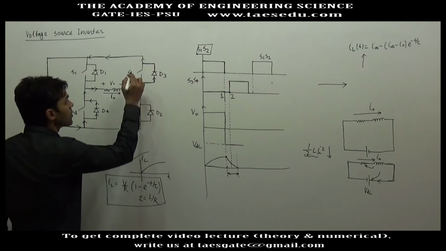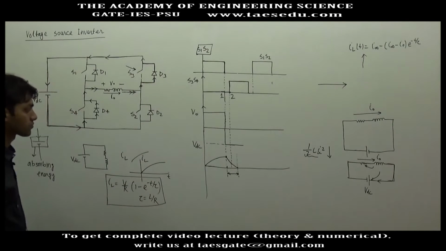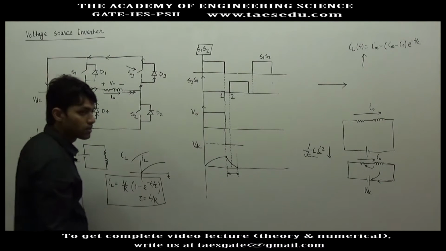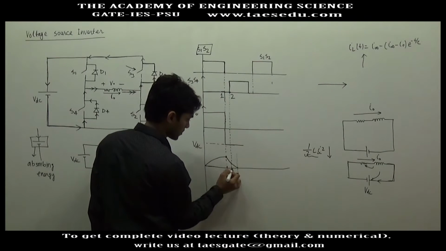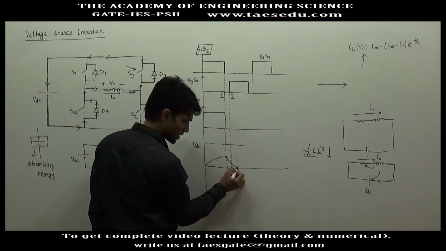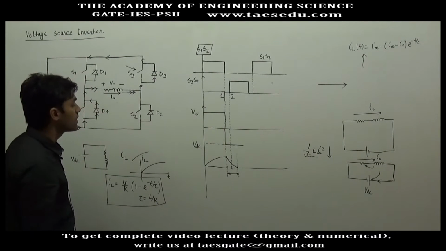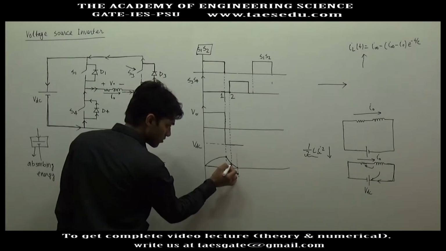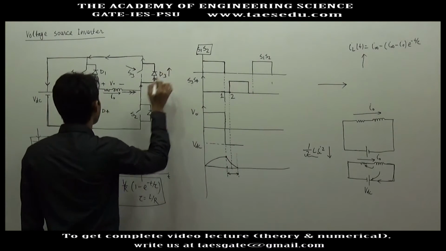You are trying to turn this switch on. This is instant 2, and this instant is 3. At instant 2 current is still non-zero and it is flowing through D3 and D4.